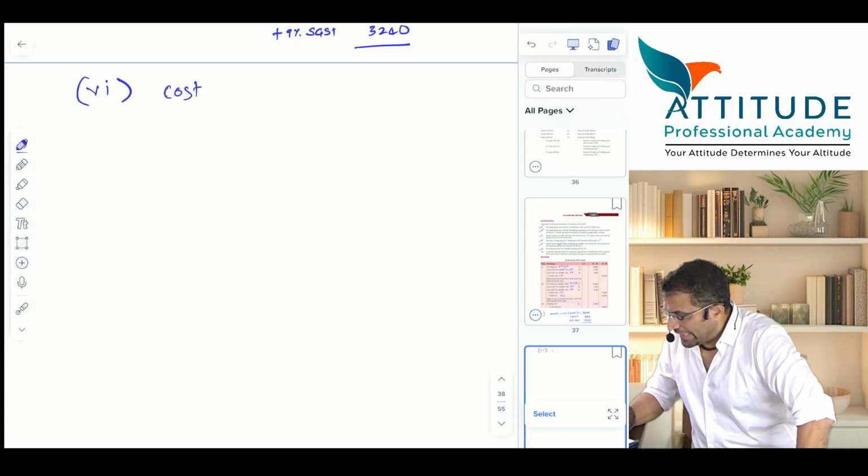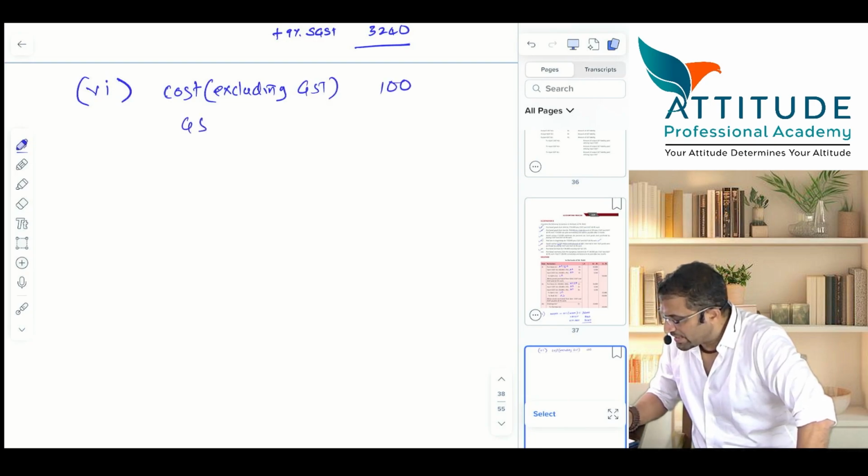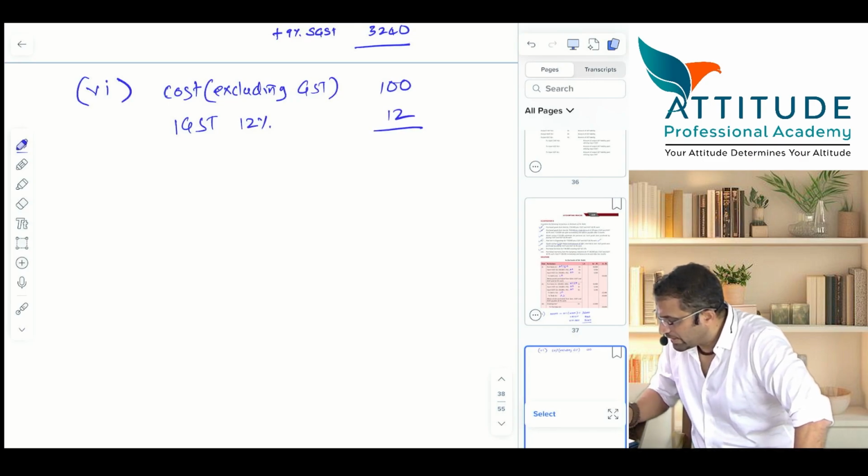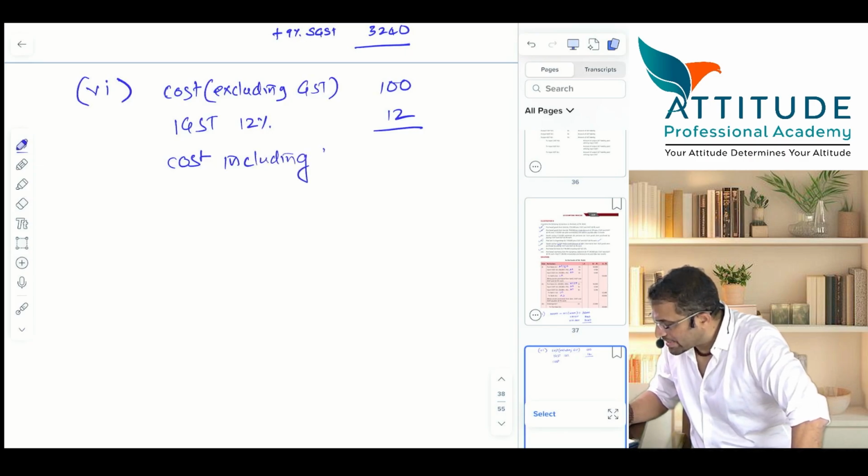Let the cost excluding GST be 100. GST, that is IGST, 12% will be 12. Therefore cost including GST कितना 112.